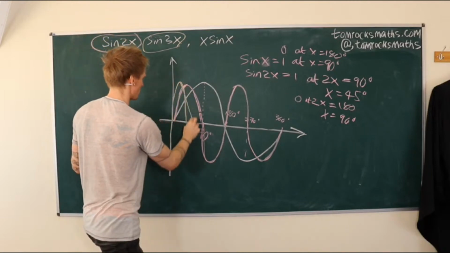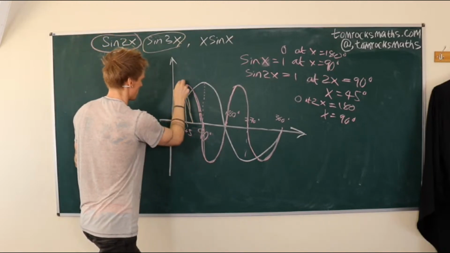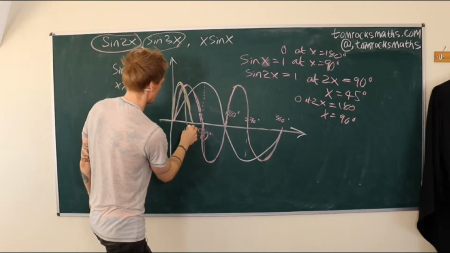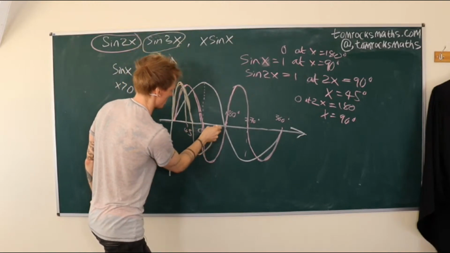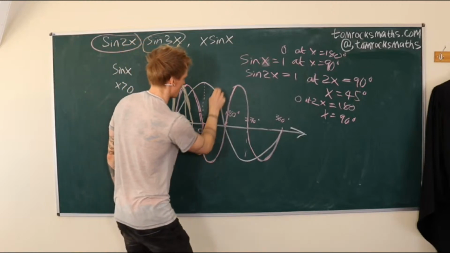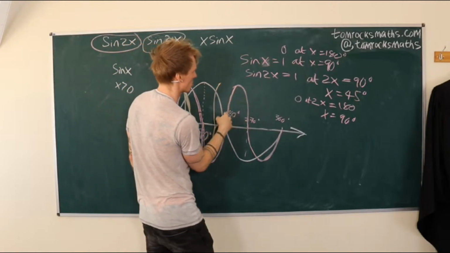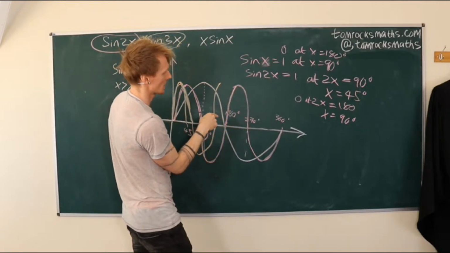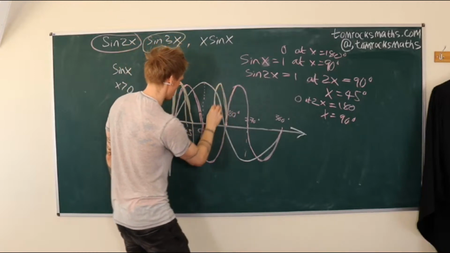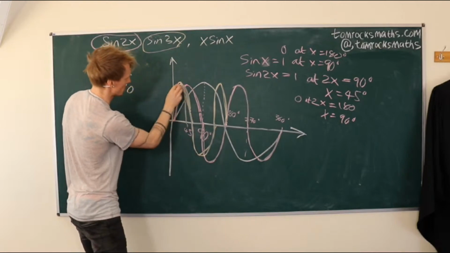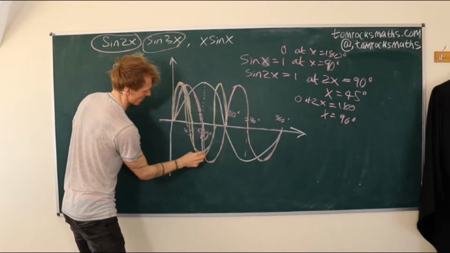It's not going to go through 90, it's going to go through 30. Like that, and then you're going to have to, let me think about this now, come down, go back up, and then come up. And at 180 degrees, I need to be at 0, don't I? So it's even more squashed when you do sine of 3x.